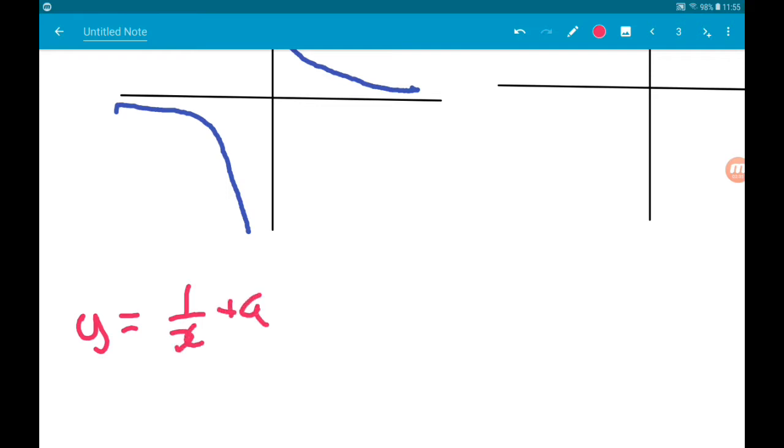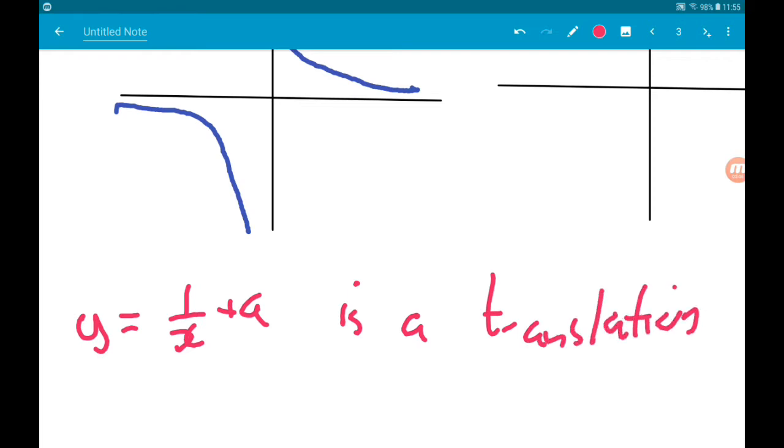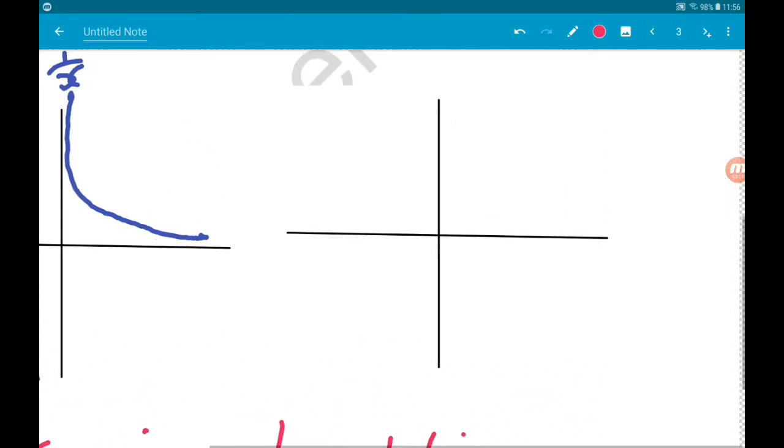Now, first of all, we need to think about what this plus a at the end does. So that is a translation up by a places. So in vector form, that's (0, a). So we can start to sketch the graph.